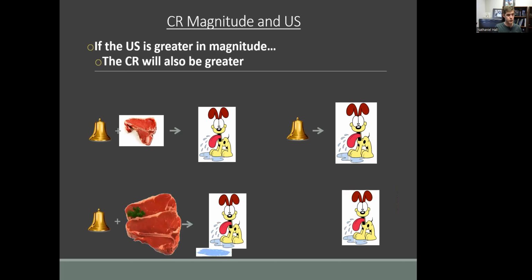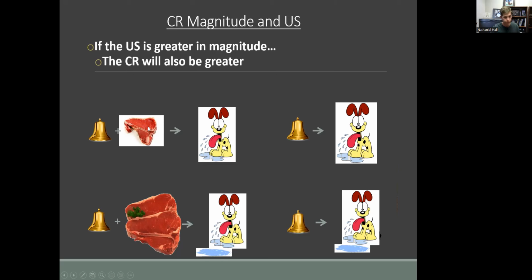Or we could increase to 2 really large steaks, and we get subsequent increases in that asymptotic level that the bell can produce. So the maximum level of conditioned responding that can occur is going to be related to the maximum level of responding that will occur to your unconditioned stimulus, that reflexively associated stimulus.